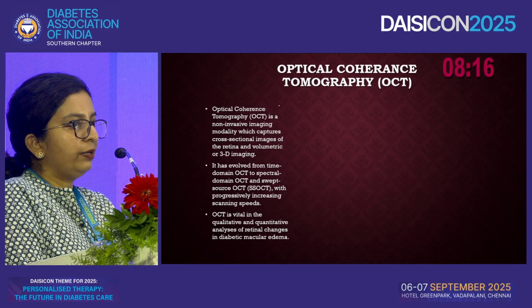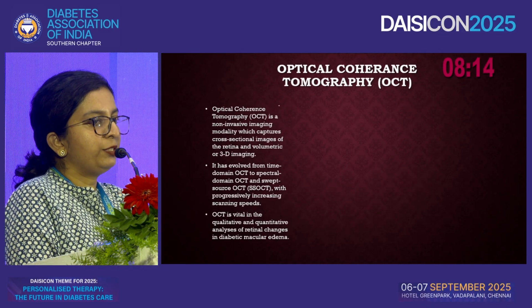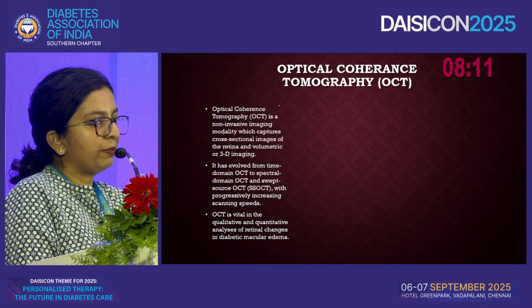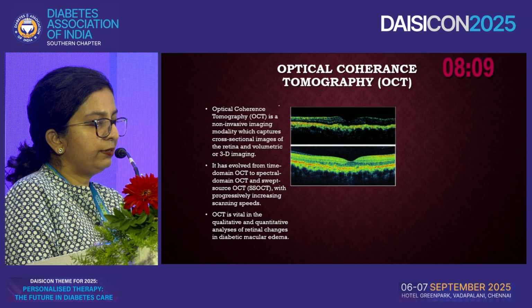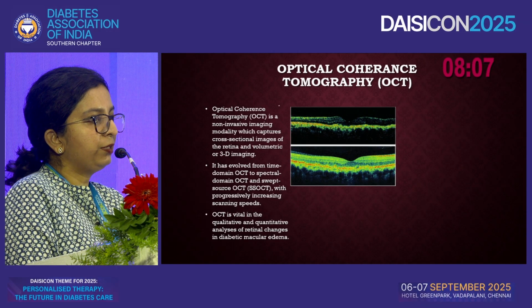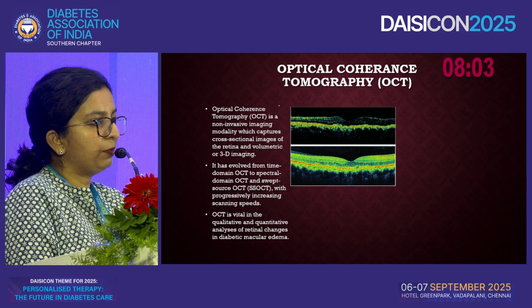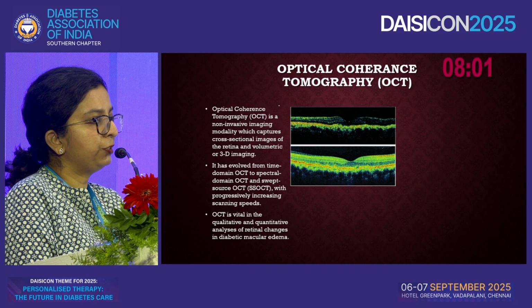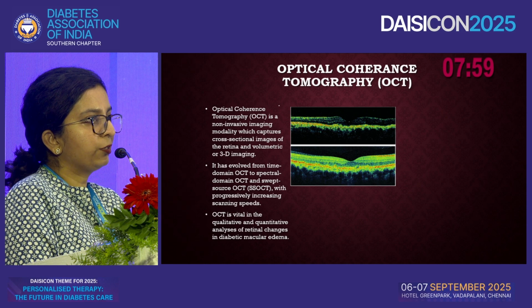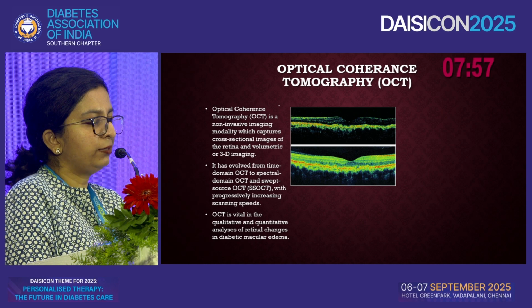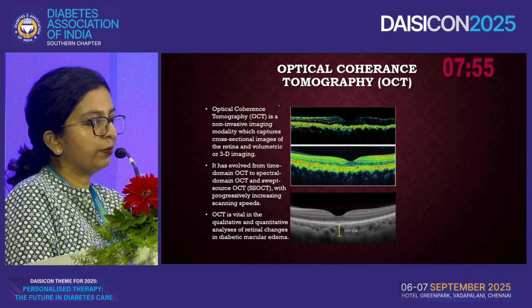Another important imaging aspect is the imaging of the retinal thickness. So OCT, that is optical coherence tomography, helps in that. This is a non-invasive imaging which captures the cross-sectional image of the retina, and we get a quantitative analysis of the retinal or the foveal thickness.